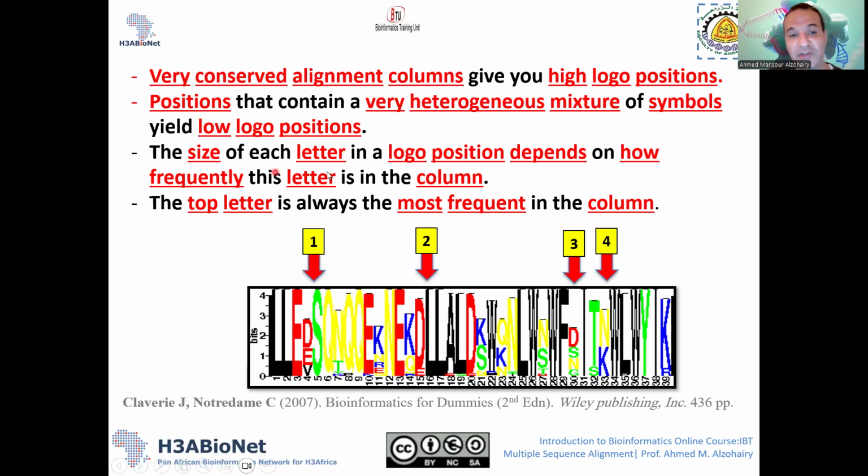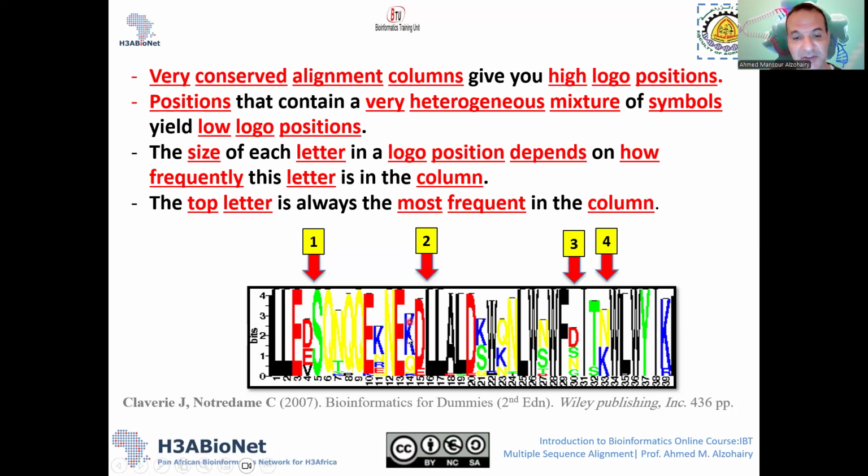The size of each letter in the logo, as we said, depends on how frequent the letter is in the column. So if you have three letters like here, or even here, you can see that the K, for example, in this position is much more frequent. That's why it has a bigger size, because it is more frequent than the other letters.